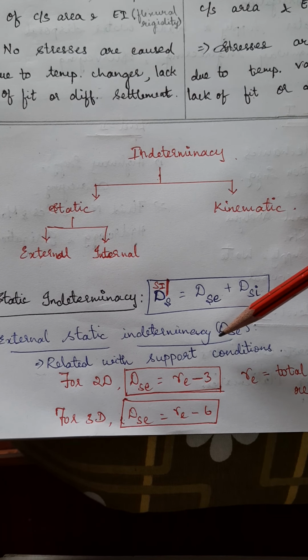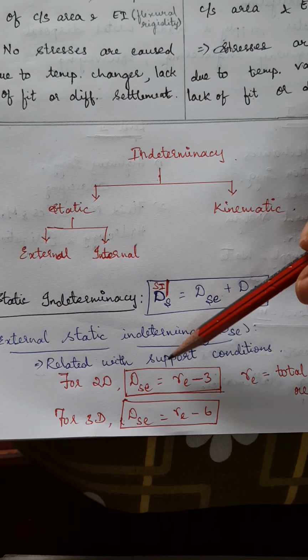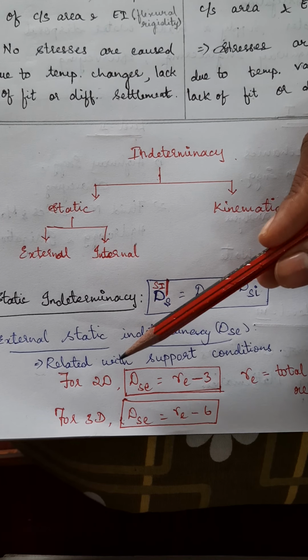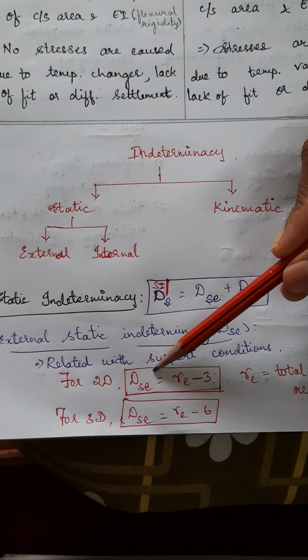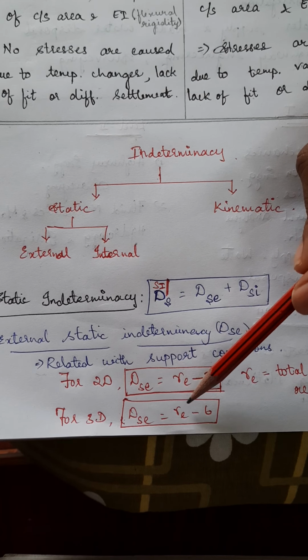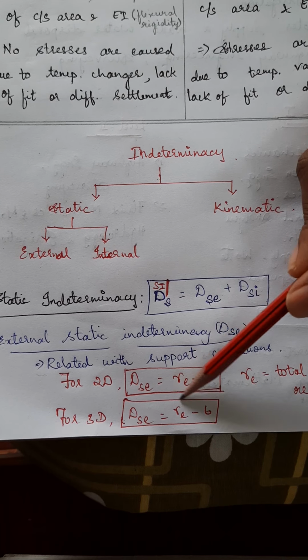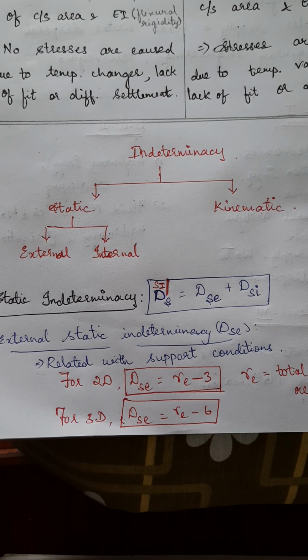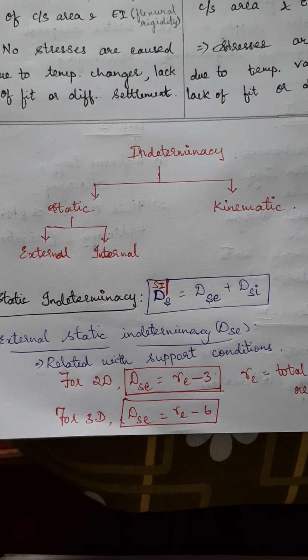To find external static indeterminacy, it is based on support conditions. For 2D structures, external static indeterminacy is RE minus 3, and for 3D it is RE minus 6, whereas RE is total external reactions. This external reaction comes from the support.